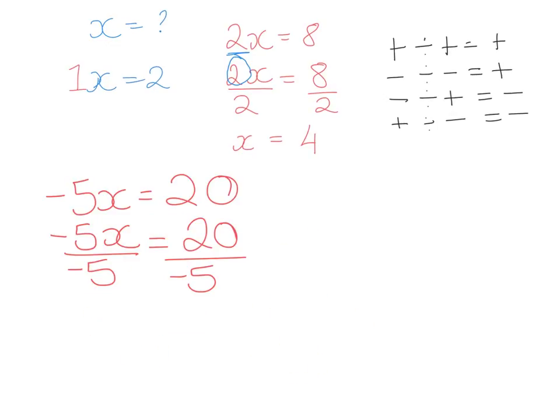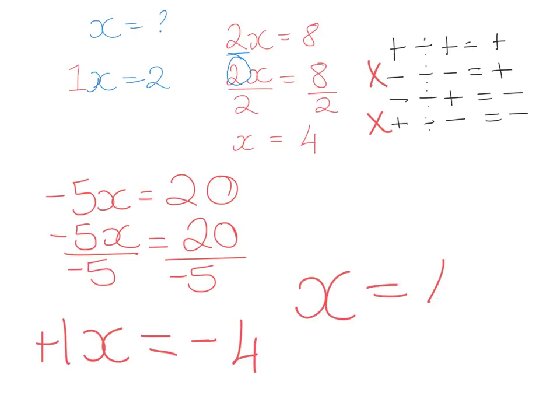So minus 5 divided by minus 5, if we follow our rules, a minus divided by minus gives me a plus. So I'm left with x, or plus 1x, is equal to, and now I have a plus divided by a minus, so I'm going to be left with a minus answer, and 20 divided by 5 leaves me with 4. So my answer overall is x is equal to minus 4.